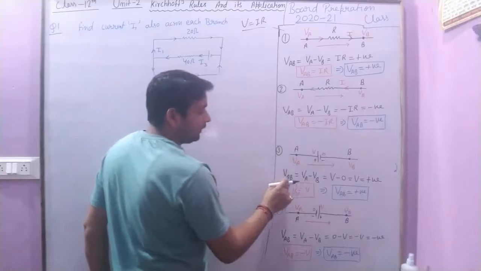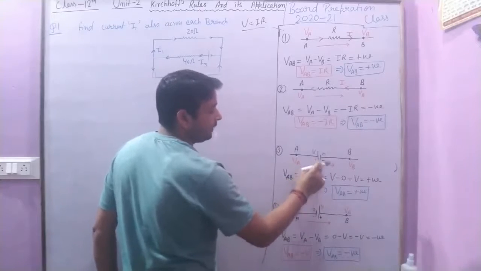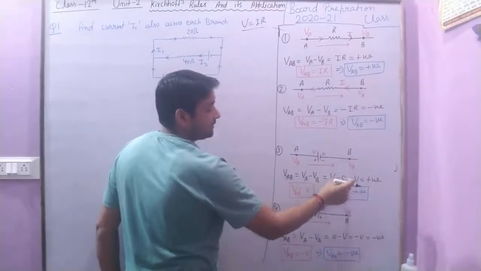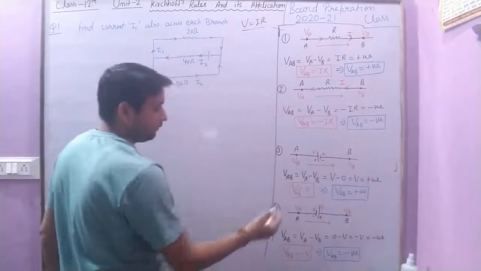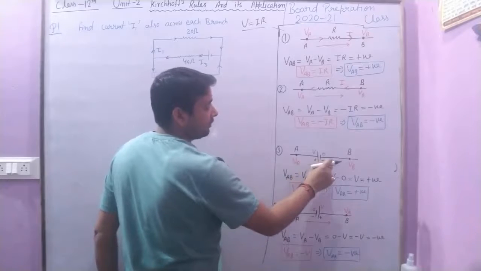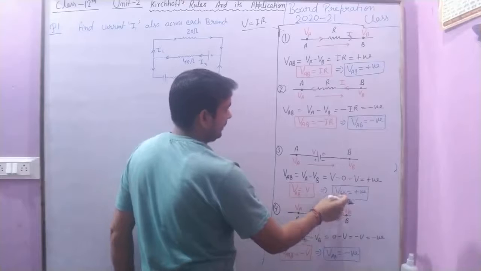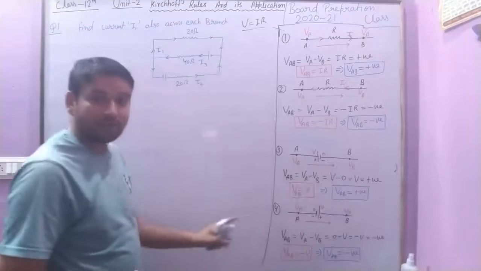According to our rule, VAB is equal to VA minus VB. Using the value V for the positive terminal and subtracting 0 for the negative terminal, we get a positive result. So when we jump from positive to negative, VAB is positive, and hence the potential difference across AB is positive.